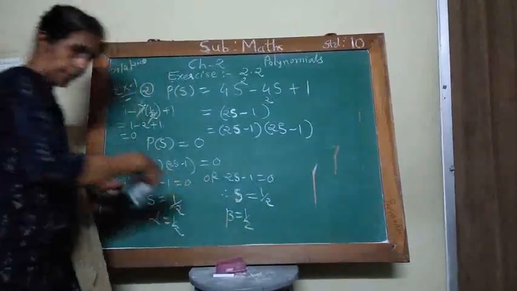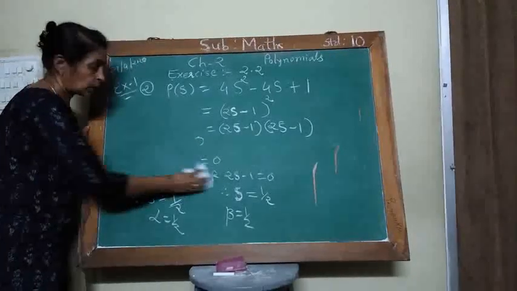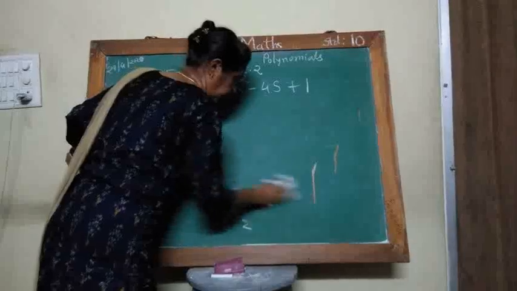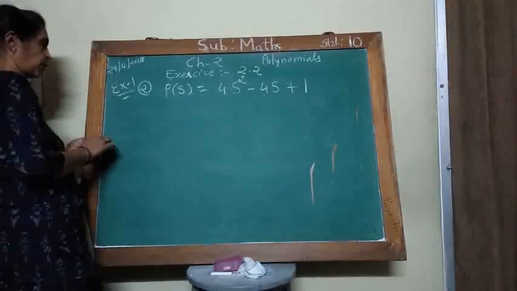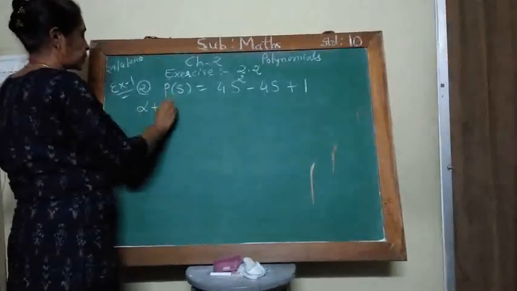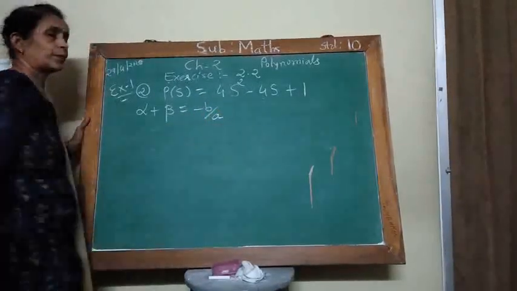Now the next question asked is to find the relation with the coefficients of the given polynomial. So let me see the relation. The answer is 1 upon 2, same roots, 1 upon 2, 1 upon 2, and now verification. So alpha plus beta is equal to, what is the formula?